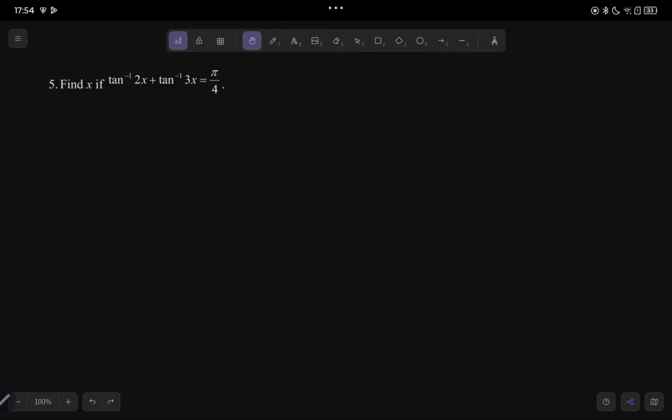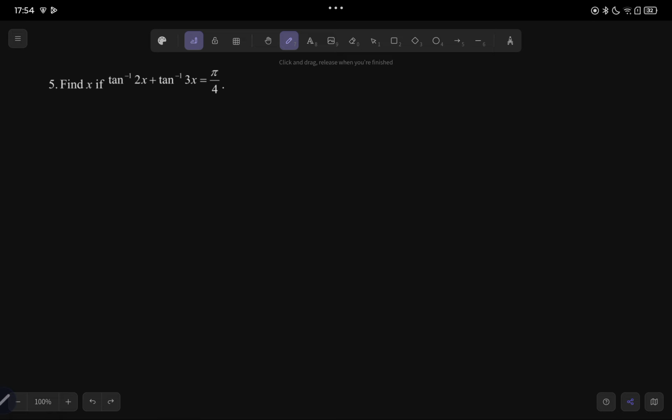Don't expect to watch and get things as if you're reading a novel. You have to put in your hands, write something down. Question number 5. If tan inverse of 2x plus tan inverse of 3x is equal to pi out of 4, find the value of x.